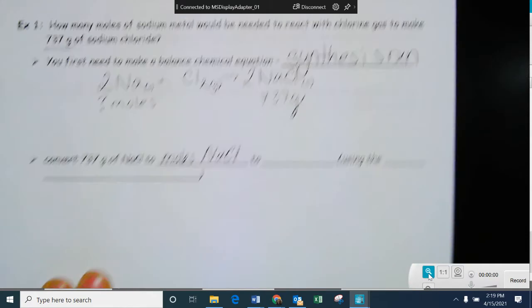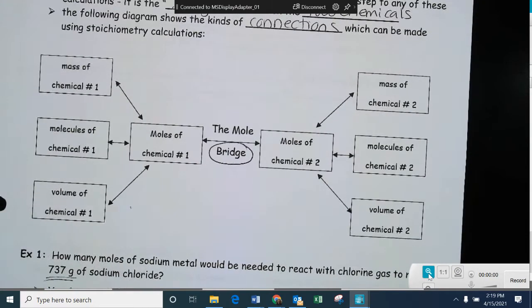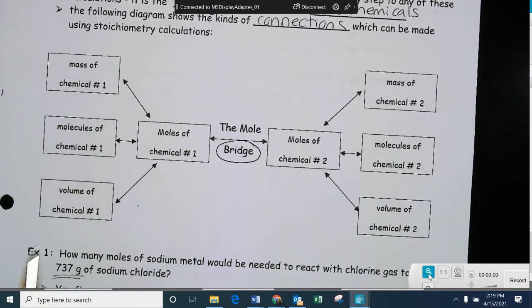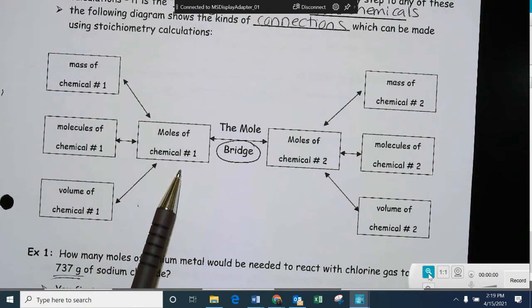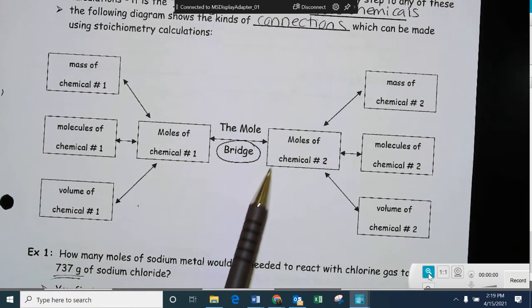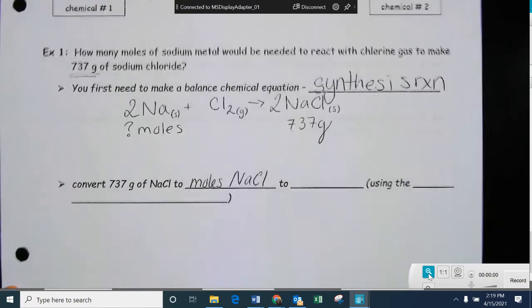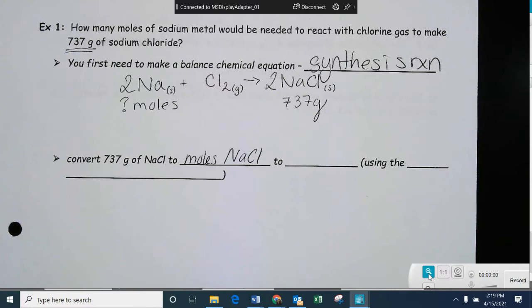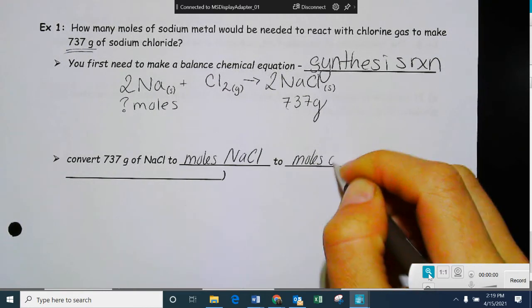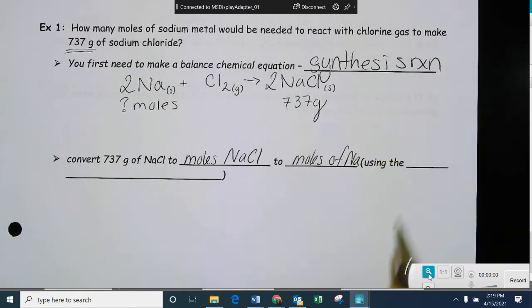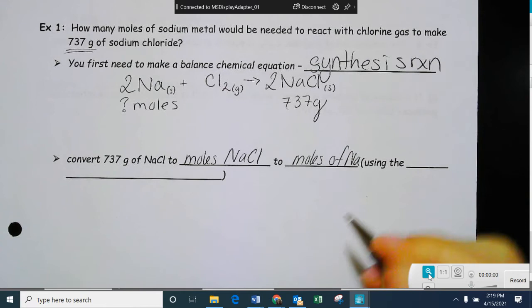And if we just take a quick peek at this chart, if molecule 1 is sodium chloride, we've got a mass. We're going to go to moles. We're going to use our bridge, which is our ratio, and we'll get moles of our sodium. So once we've got our moles of sodium chloride, we will know our moles of sodium using the mole bridge.